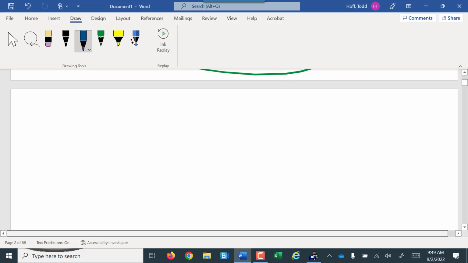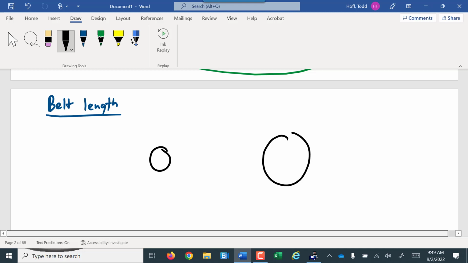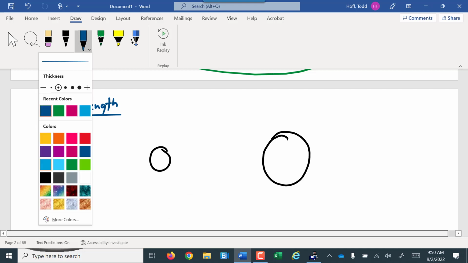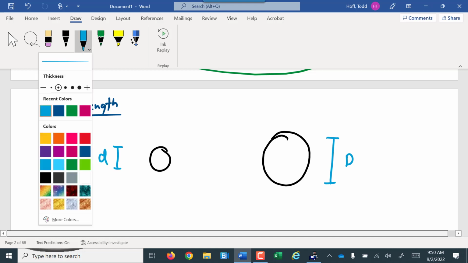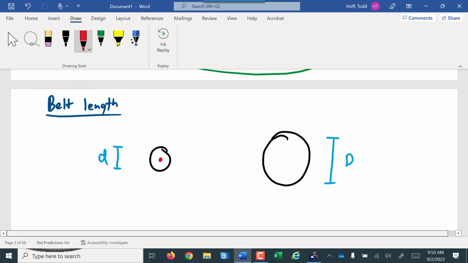But the next step, of course, is just the length of the belt between two pulleys. So we're going to label two pulleys here. The two diameters will be big D for the larger diameter and little d for the smaller diameter.